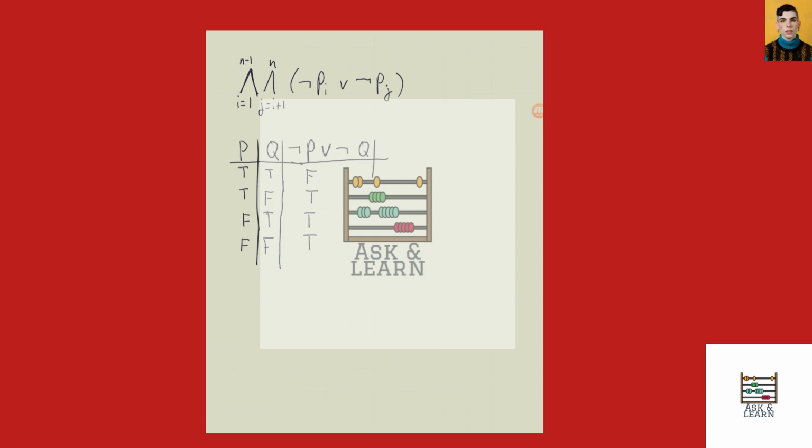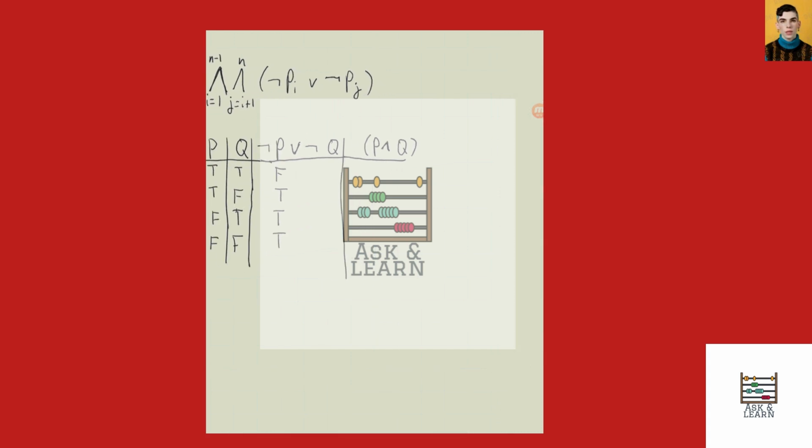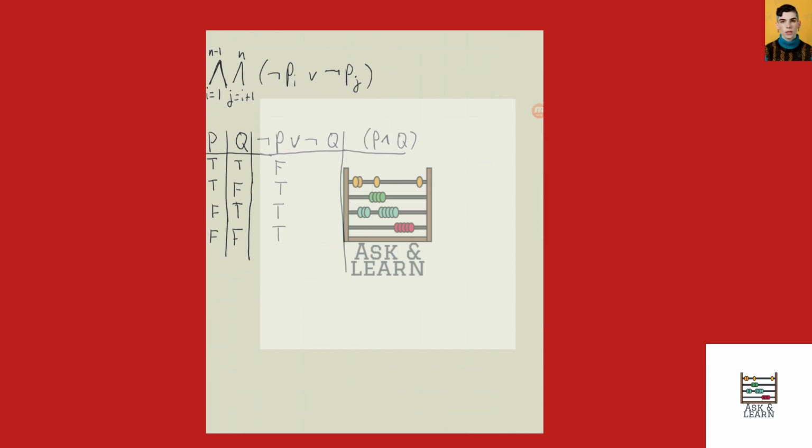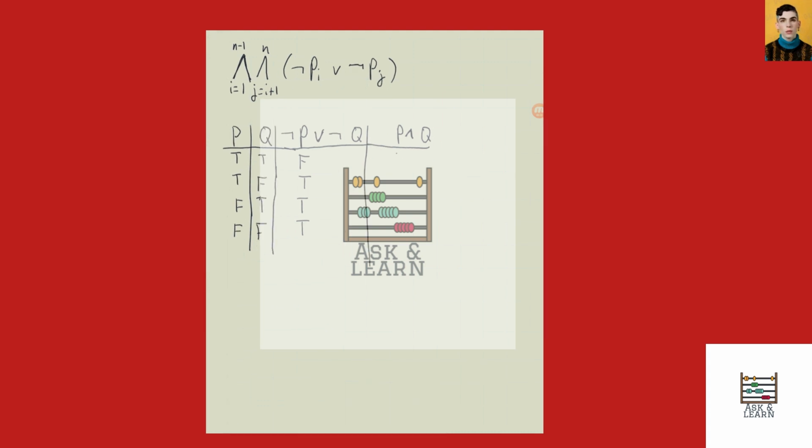Then, to show how we would arrive at thinking about this, if we consider just the statement P and Q, then we would have true, false, false, false.